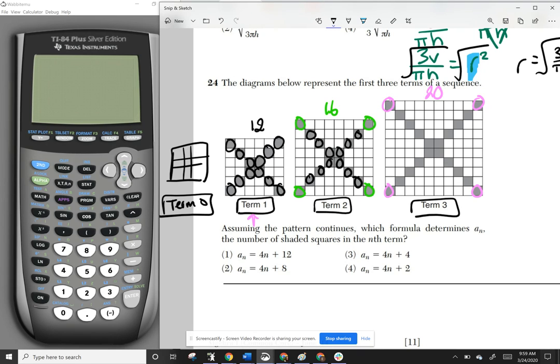Oh, that's a bad picture. Try to get artistic here now. 1, 2, 3, 1, 2, 3.